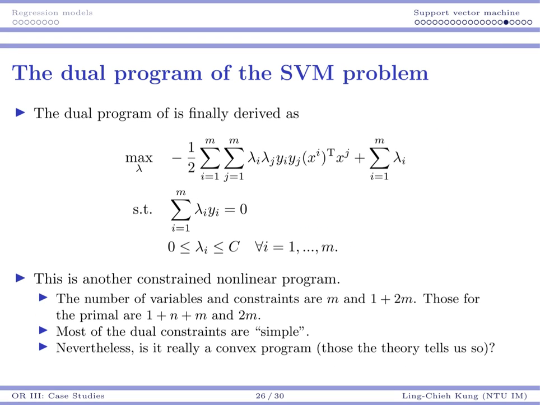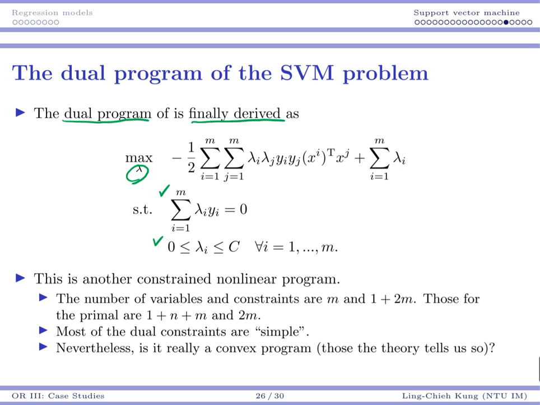That's how you get the final version of the dual program here. The objective function is the same, but now you only have one set of variables, lambda. Your lambda should make this equality hold, and it should be within 0 and c.